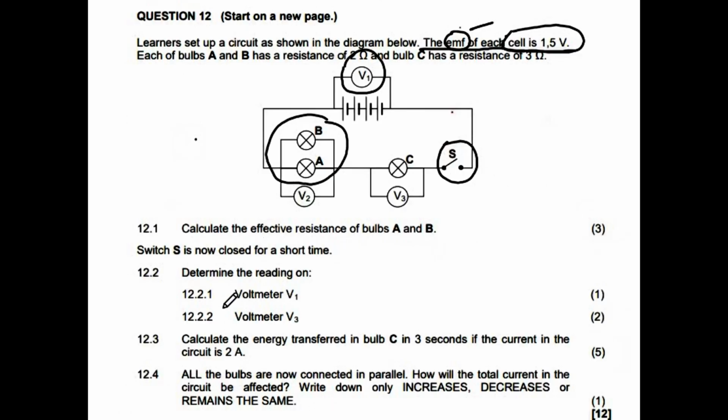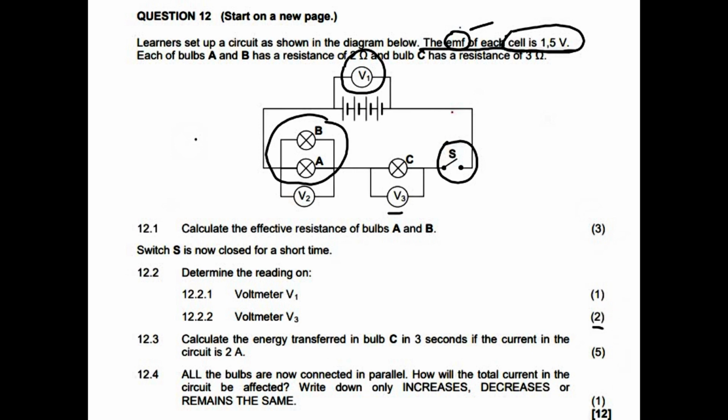Now, 12.2.2 says, determine the potential difference, or the reading, that the voltmeter V3 is going to measure. So determine the reading on voltmeter V3. That is a 2-mark question.